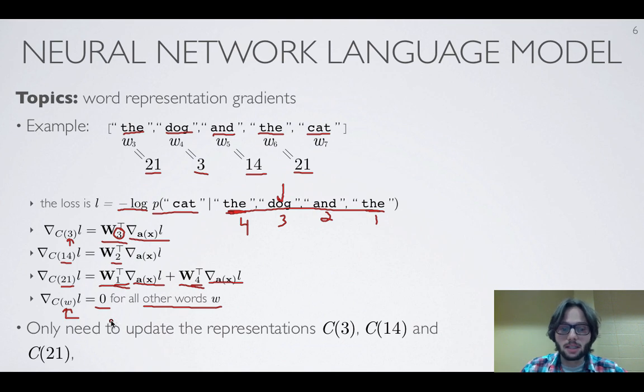So in our implementation, we should only update the representations C3, C14, and C21. So instead of updating the whole matrix C, we should just update these rows in the matrix C, so the 3rd row, 14th row, and 21st row, based on these gradients that we have here. That's important to do to get an efficient implementation.